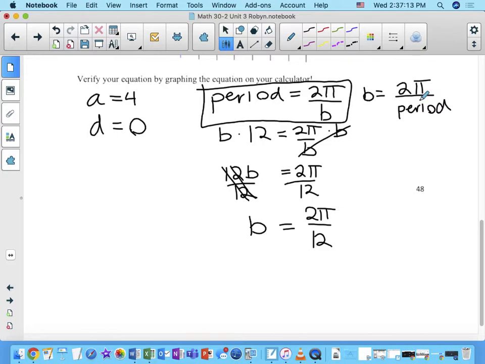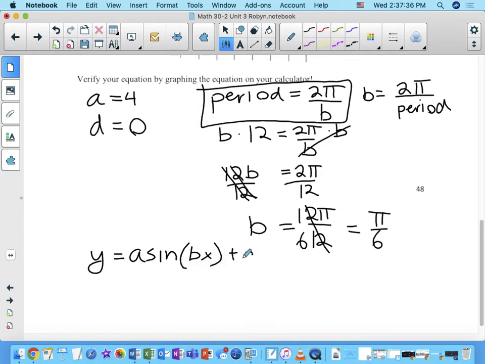Yeah? Okay. Now you could also reduce this if you want. 2 over 12 is 1 over 6, so this becomes pi over 6. And that is your b value. If we put this all together, it takes the form y equals a sine bx plus d.